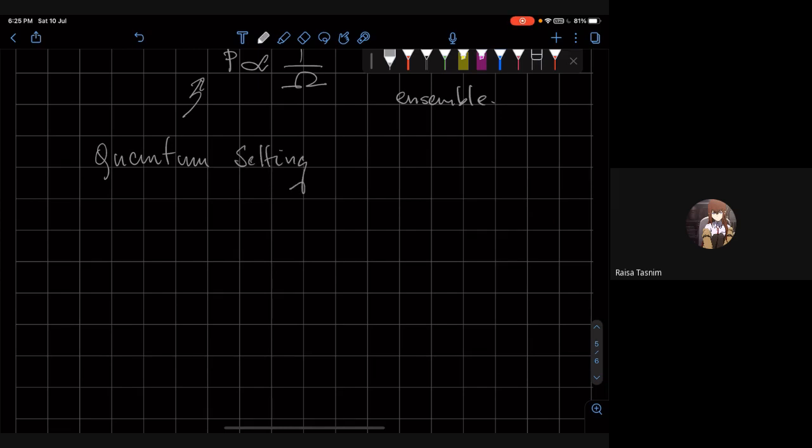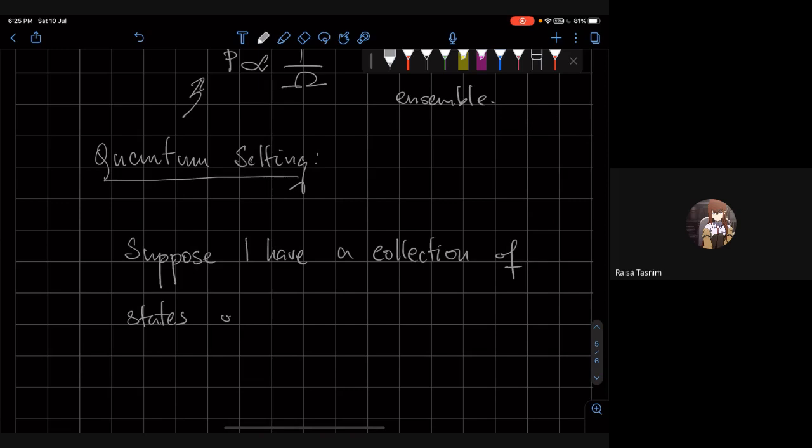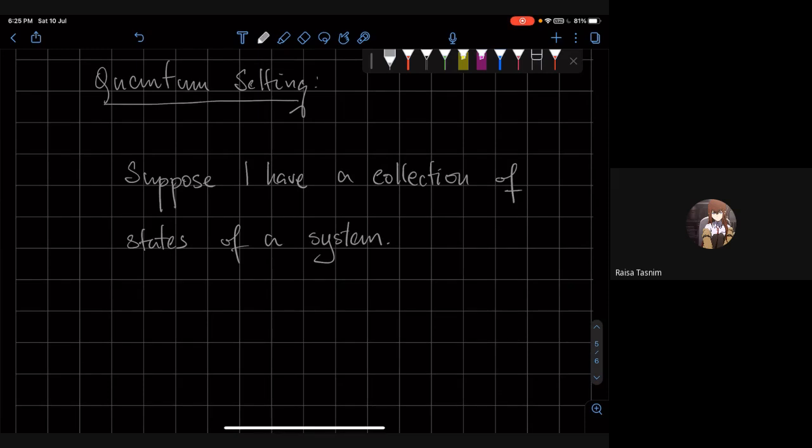So the quantum setting that I'm interested in is the following. Now, suppose I have a collection of states of a system. Or we have multiple copies of the system, each of which is given by some state.